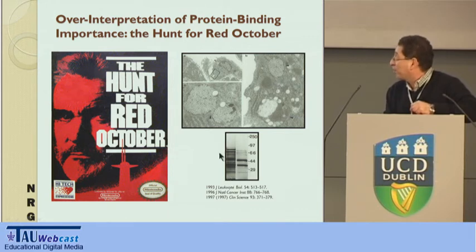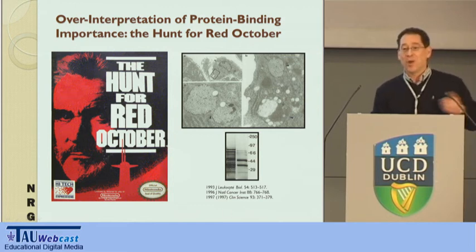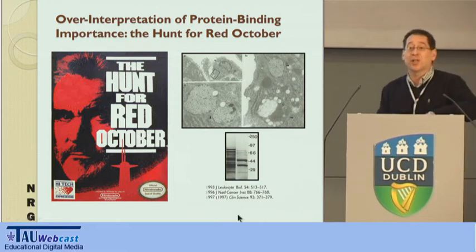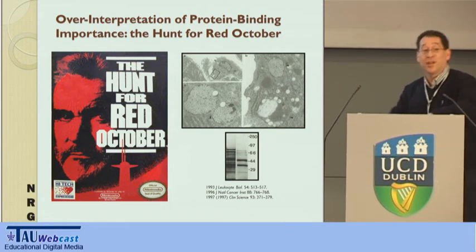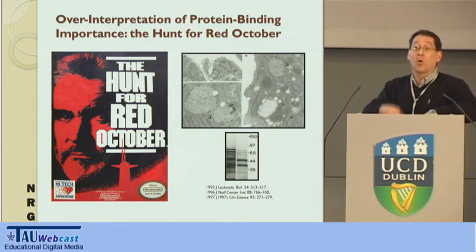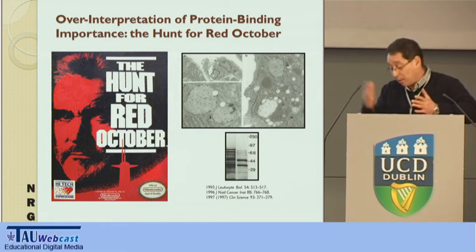You can see more protein bands sitting on these particles, yet both behave as long circulatory. So where is the relationship between this abnormal protein absorption and the distribution and pharmacokinetics? Absolutely none. But then you have to put that into the context of what particles you are using and what is the application of that particle or the end point, with regard to, let's say, a therapeutic field or anything else you like.